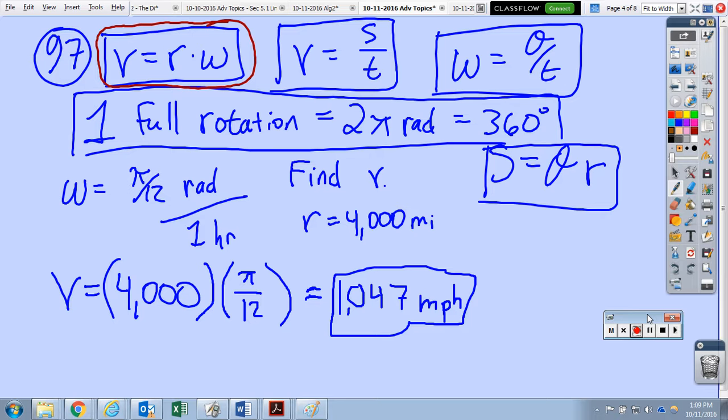So V is linear speed. For those of you that have your textbook, it's very helpful to go to page 493 to review what we talked about last class, which talks about linear speed and angular speed. This was the first of all these formulas, which we talked about towards the beginning or middle of last week.